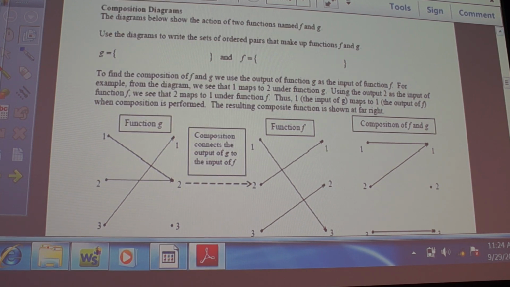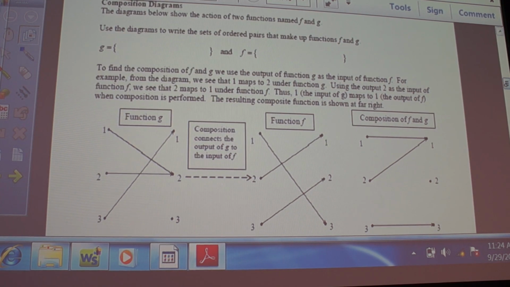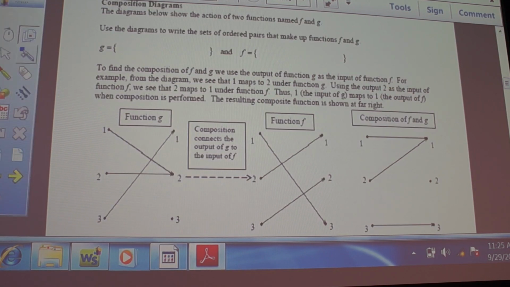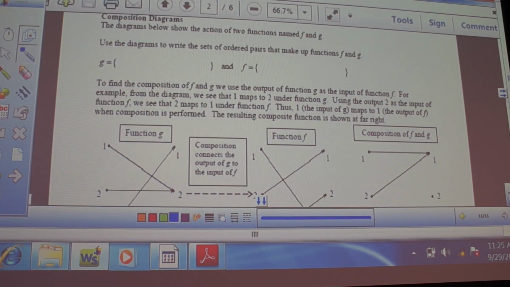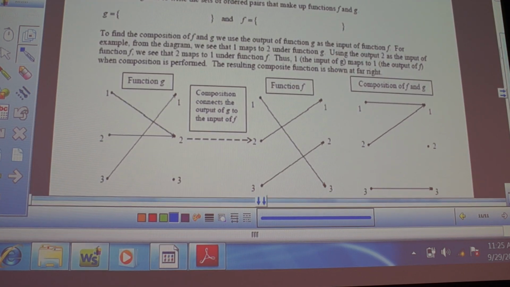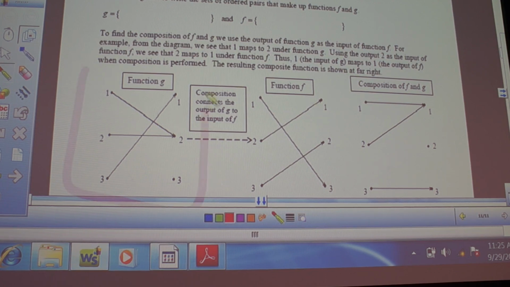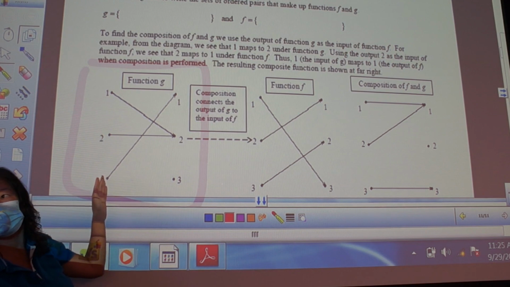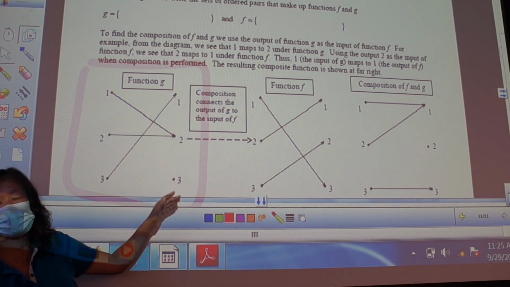So for a function diagram, this first one is function G. If I input 1, these are my x's, these are the y's.